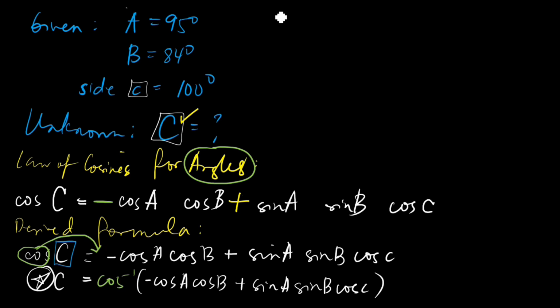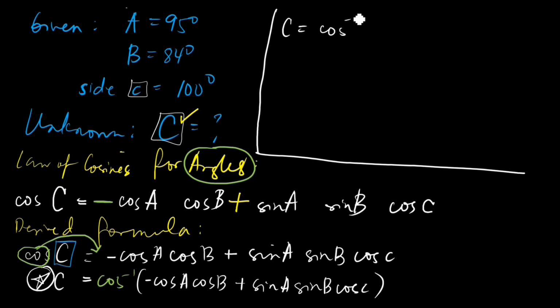After this, we can already substitute. So we have big C equals inverse cosine, negative cosine of big A. What is big A? 95 degrees. Then cosine of big B, that is 84 degrees, plus sine of, so let us just rewrite it so we can have enough space because it is long.